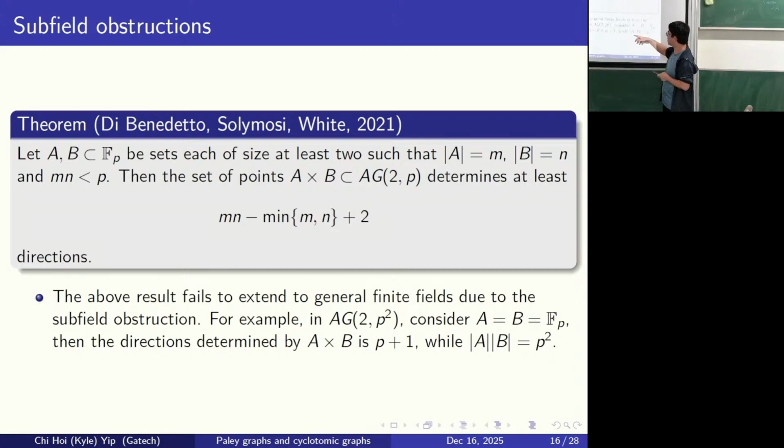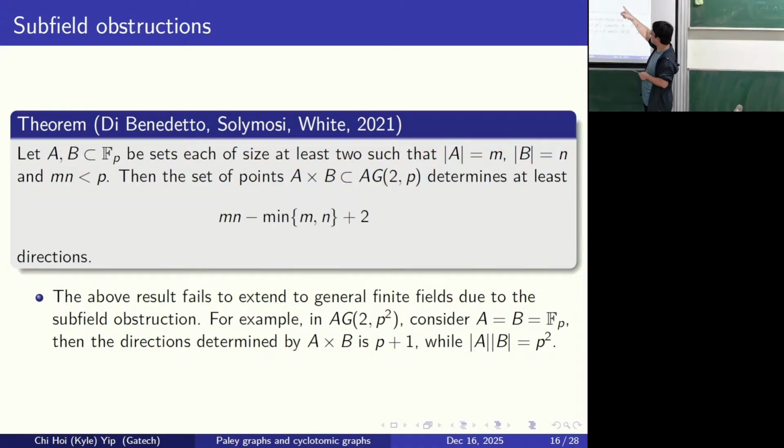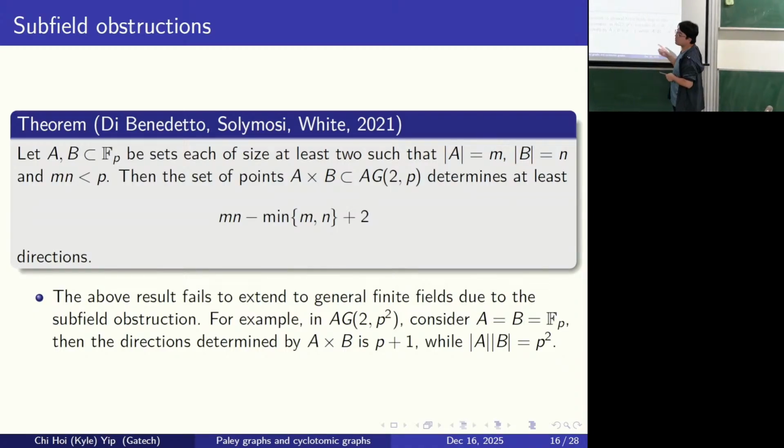So this shows that in this case the result is false, because the size of this point set is p squared, but the number of directions is just p plus 1. But their result shows that the number of directions should be at least as large as the point set minus some small things. So this result fails to extend to general finite fields.